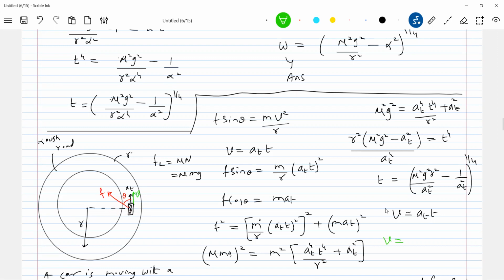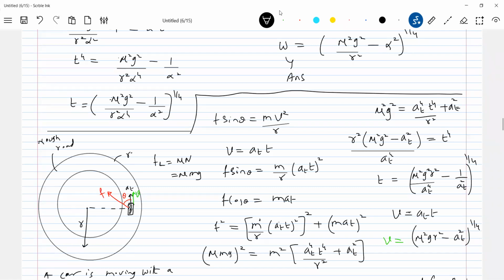Again, similarly, this should be equal to this. Check once.